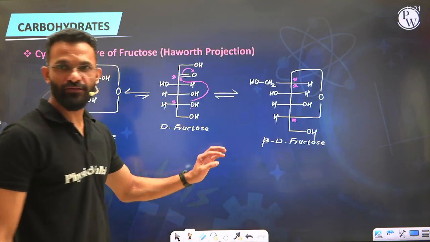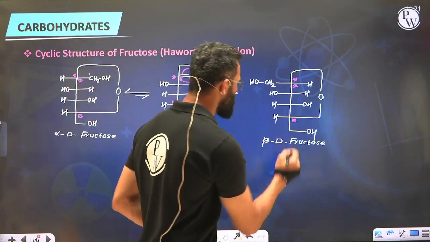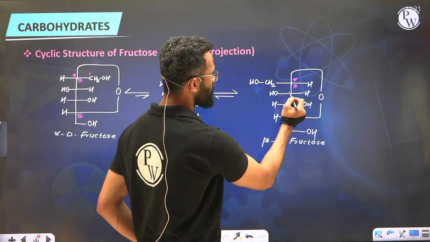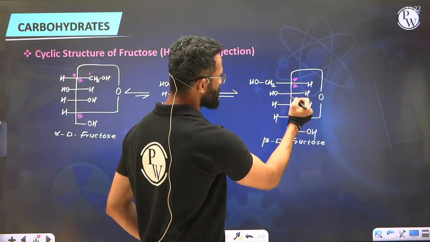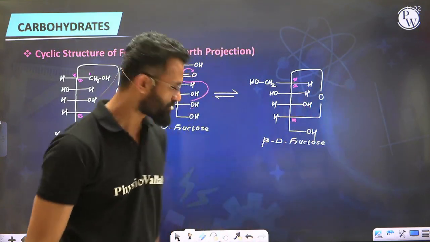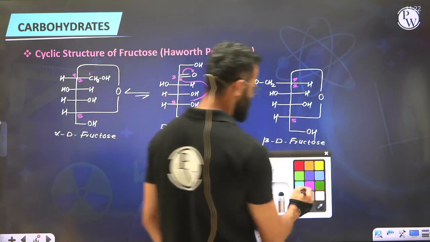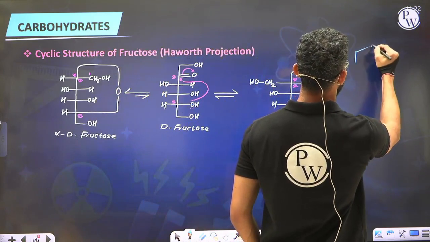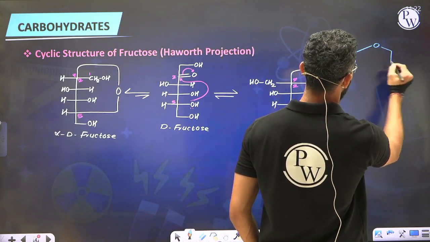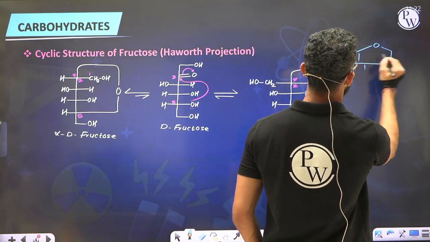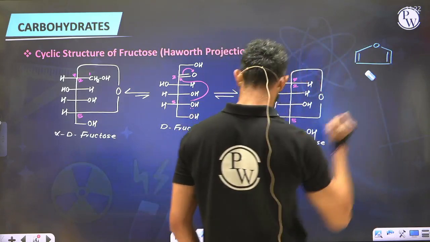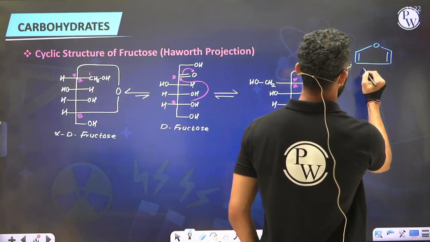Now, because this fructose cyclic structure corresponds to a 5-membered ring, 1, 2, 3, 4, 5, it is going to resemble a 5-membered cyclic structure. Just like we had pyran earlier, this time the 5-membered cyclic structure is nothing but furan.